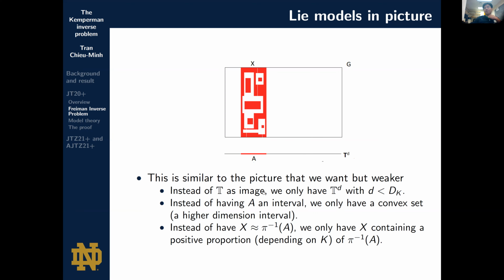Instead of the torus as the image, we only have a bounded dimension torus, right? And instead of the set A being an interval, we only have a convex set, but you can think of a convex set as somewhat of a higher dimension interval, right? And instead of having X be almost the inverse image of A, we only have X containing a positive proportion of the inverse image of A.